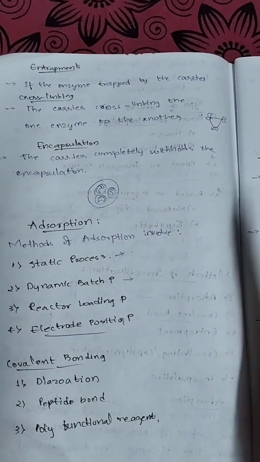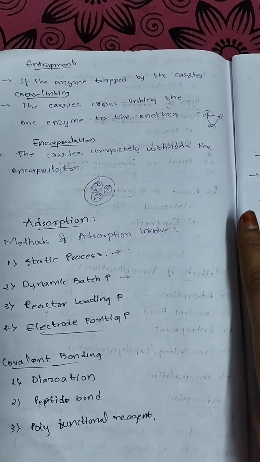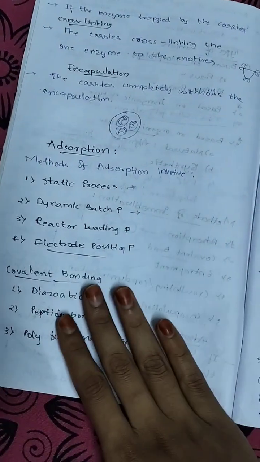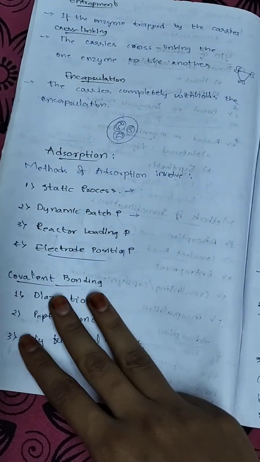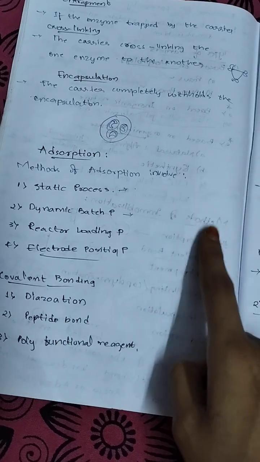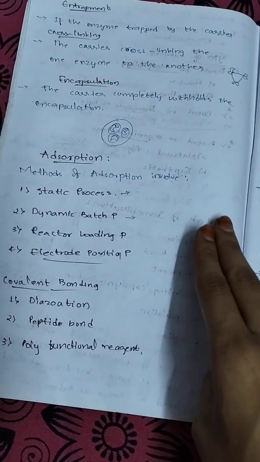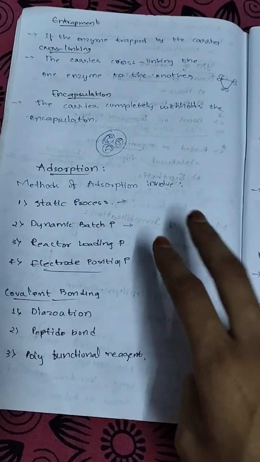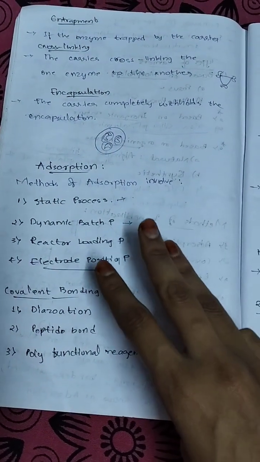And covalent bonding is of three types: diazotation, peptide bond formation, and polyfunctional reagent use.